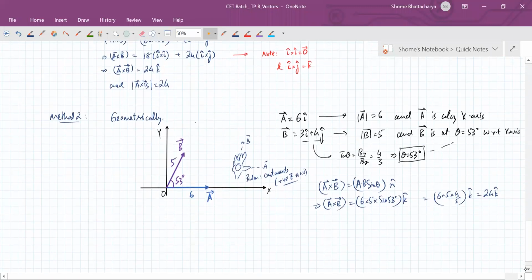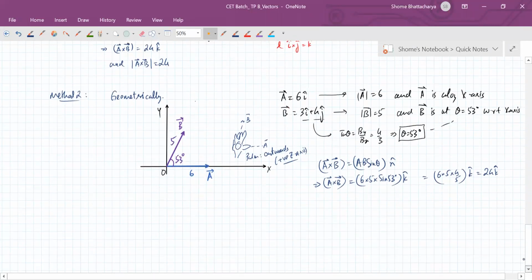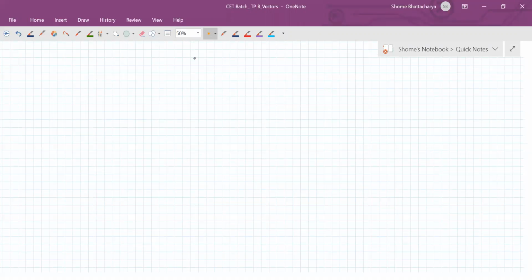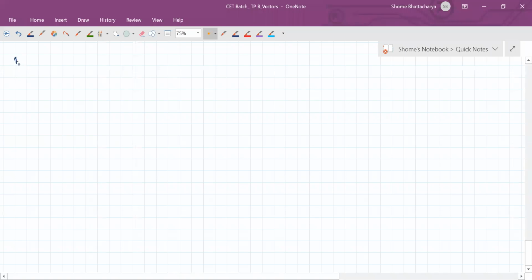Okay, so let's work out a quick question again based on this concept. So suppose vector A is 12 i cap plus 9 j cap, and vector B is minus 3 i cap plus 4 j cap.